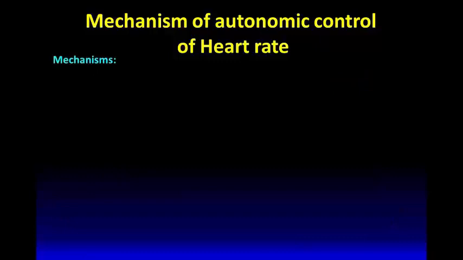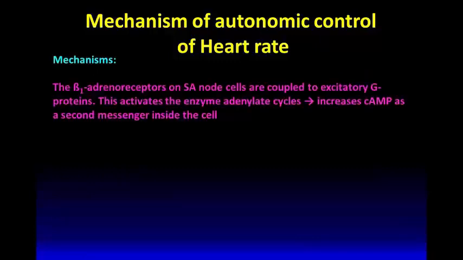How does this happen? What is the mechanism? The beta-1 adrenergic receptors, beta-1 adrenoreceptors on the sinoatrial nodal cells are coupled to an excitatory G protein. And when they bind to their adrenergic receptors, the catecholamines, norepinephrine and epinephrine, activate the excitatory G protein, and this results in activation of the enzyme adenylate or adenylyl cyclase in the plasma membrane.